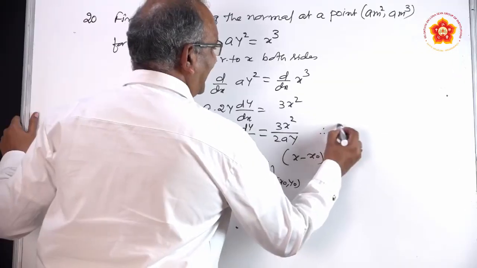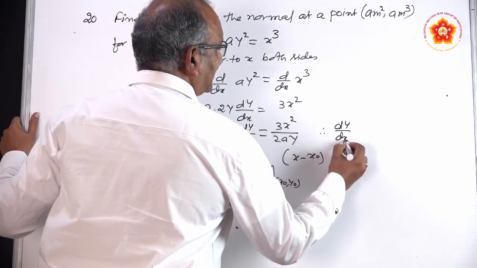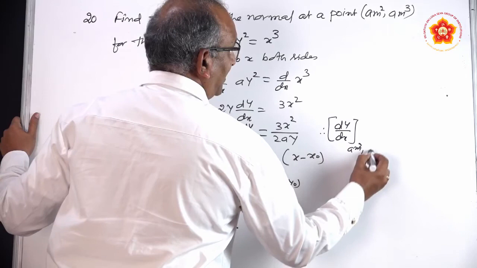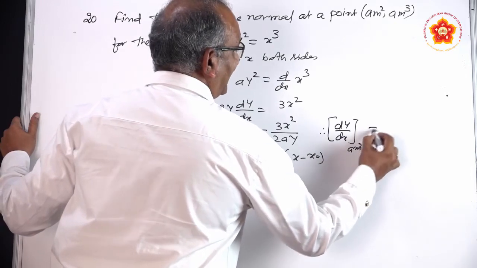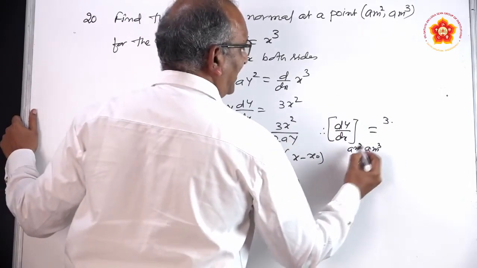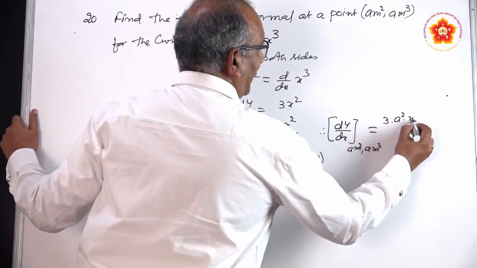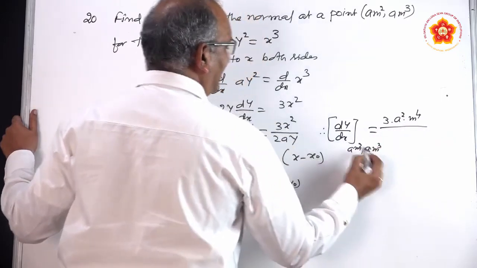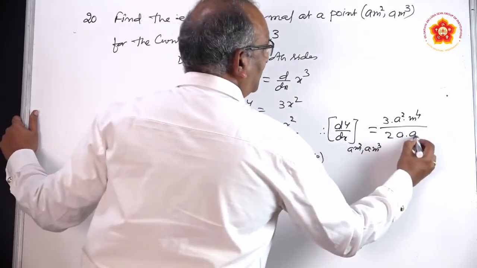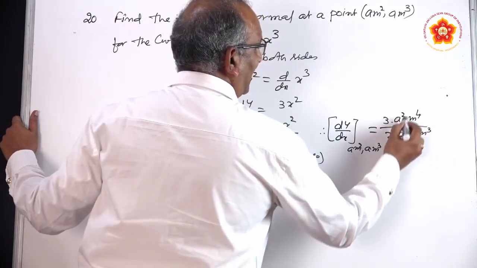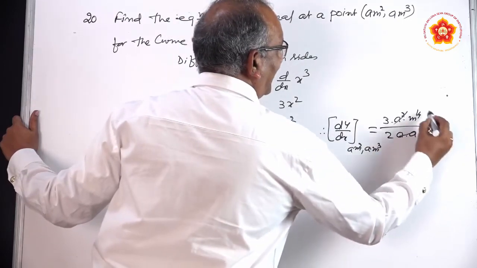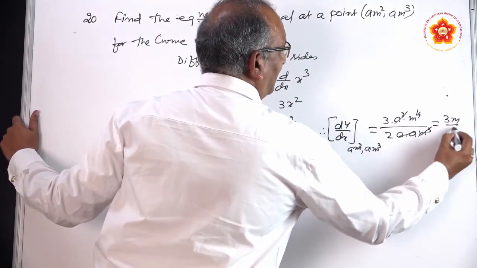So, dy by dx at the point am square, am cube is equal to 3 into x square, a square m to the power 4, upon 2 into a into y, am cube. So, a square gets cancelled, m cube will get cancelled, and you get the answer 3m by 2.